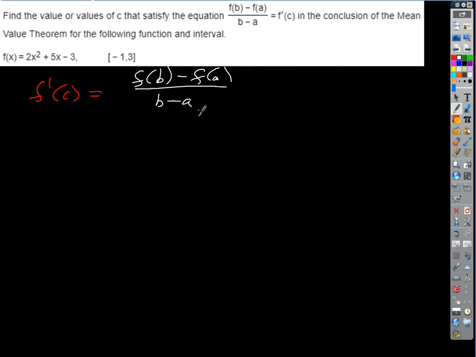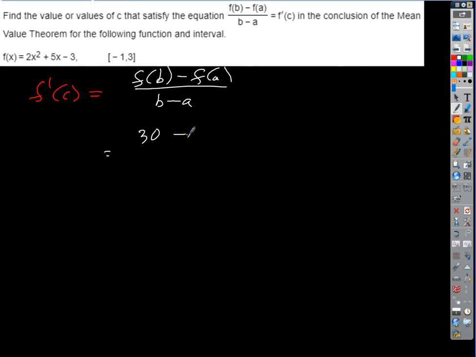Well, what's a? Negative 1. What's b? 3. So if I make this calculation, f of b, f of 3 is going to be 2 times 9 is 18, plus 15 is 33, minus 3 is 30. F of negative 1, I'm getting 2 minus 5, minus 3 is, what is that?